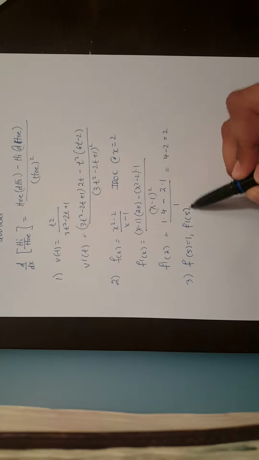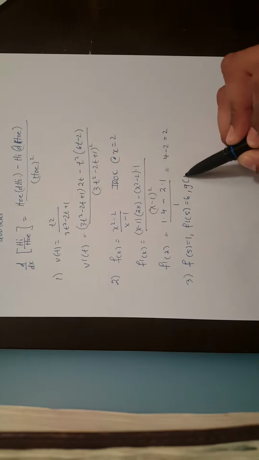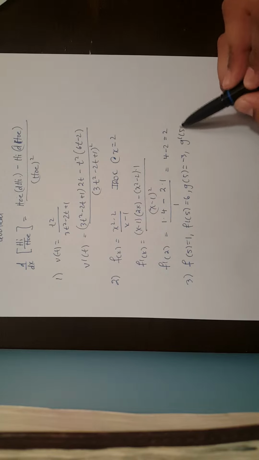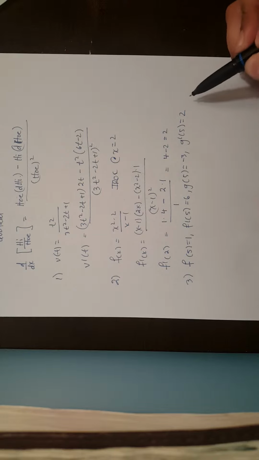The next one: suppose that f of 5 equals 1, f prime of 5 equals 6, g of 5 equals negative 3, and g prime of 5 equals 2.